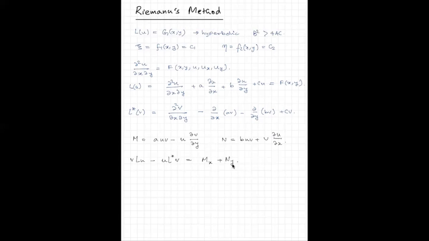What we want to do now is solve L of u is equal to f of x, y with respect to the boundary conditions, number one of which is u equal to some f of x on some gamma, which is a curve on the xy plane, and del u del n equal to some g of x, again on the same gamma.